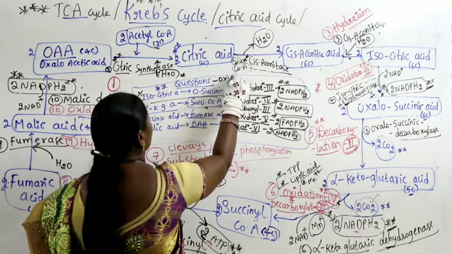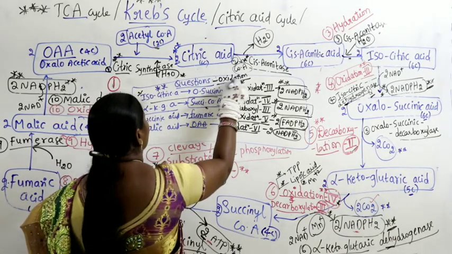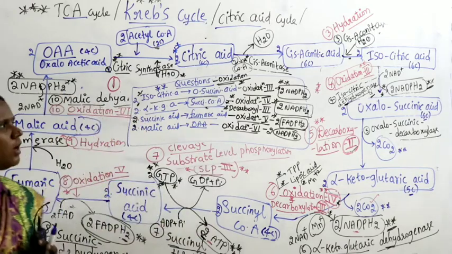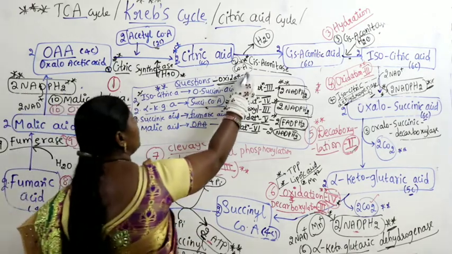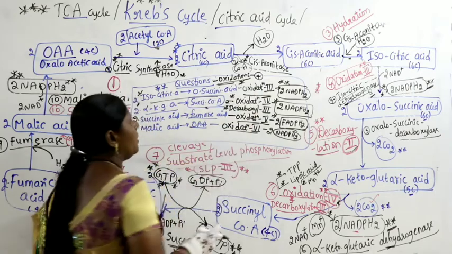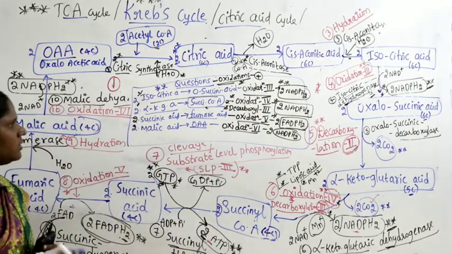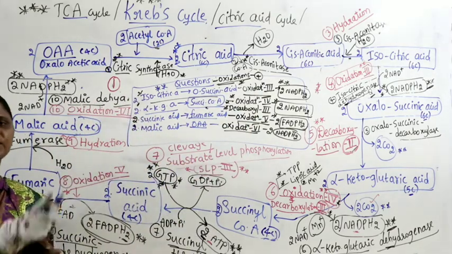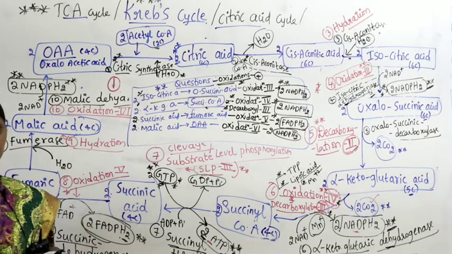So as a result of oxidation, questions on what? Oxidation reactions. How many oxidations? Altogether here 4 oxidations. As a result of oxidation, how many NADPH2 and FADPH2 are produced in Krebs cycle?